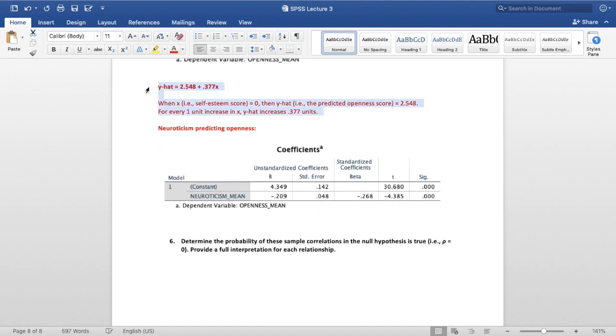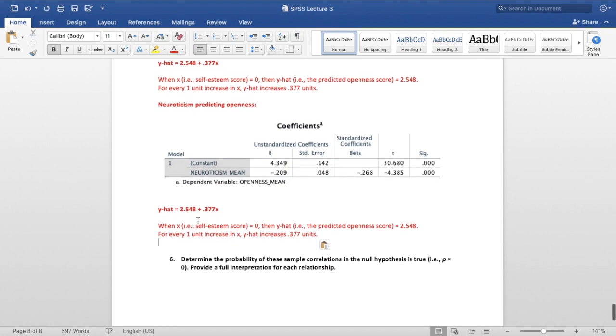Okay, once again, I'm going to borrow this verbiage and just write it. So y hat equals this constant, which is the y-intercept, 4.349. Okay, and the slope is negative 0.209x. When x, which is actually neuroticism now, equals 0, then y hat, which is the predicted openness score, is going to be equal to 4.349.